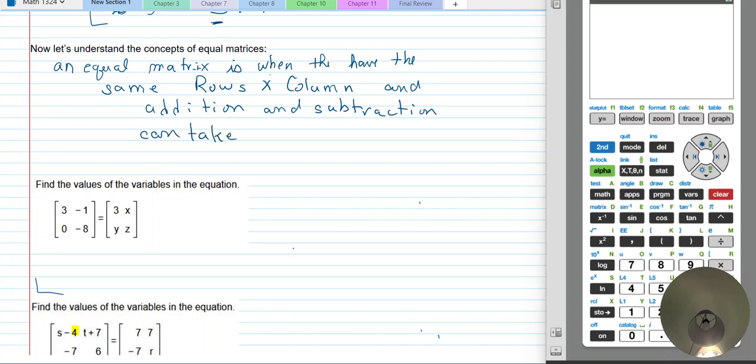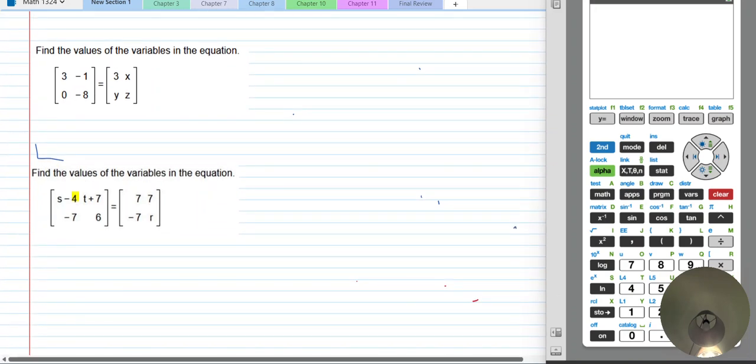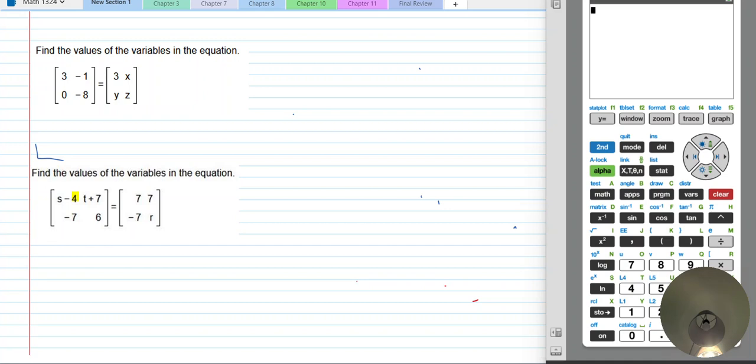All right, so let's do some examples here, and I'll explain it. First, we want to know if they're equal, and then the values of the variable. Well, this is a 2 by 2, and this is a 2 by 2.